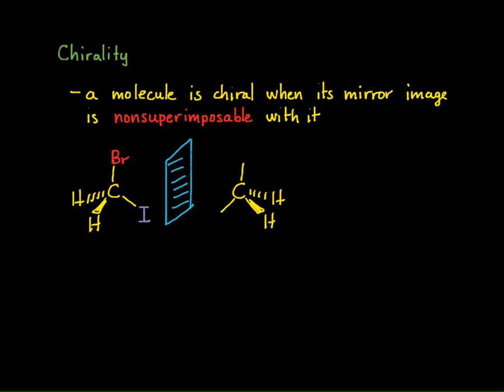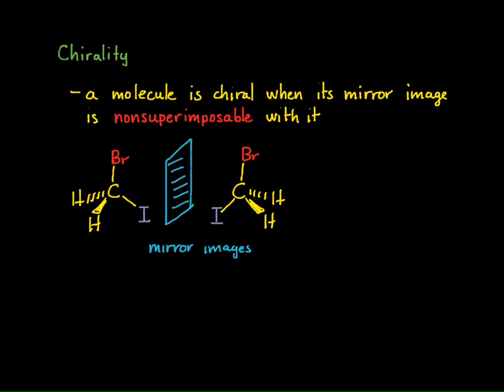The hydrogens are coming out at me. They're mirroring the hydrogens on the carbon on the left-hand side. The iodine is now on the left because it's mirroring. It's closer to the mirror, just like the iodine on the molecule on the left-hand side. And the bromine goes there.